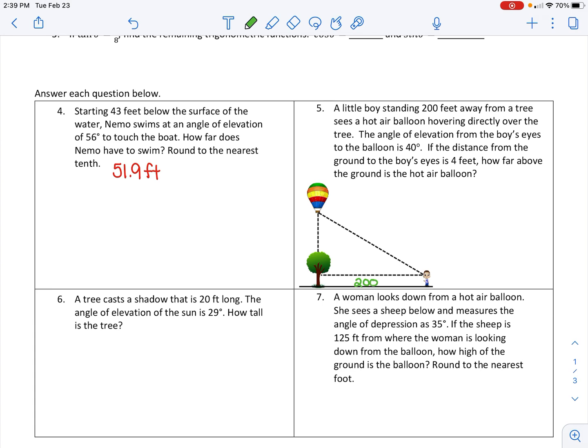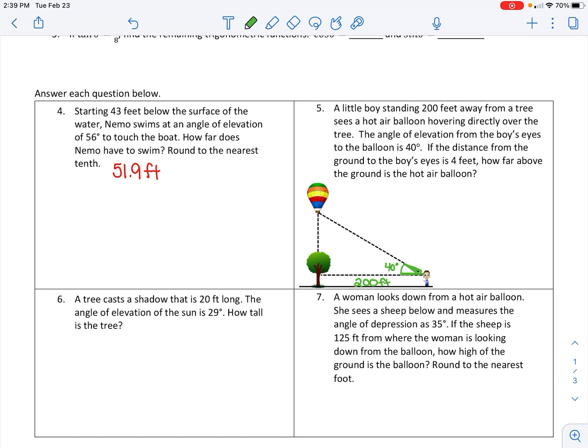He's 200 feet away from that tree. Sees a hot air balloon hovering directly over that tree. The angle of elevation from the boy's eyes, so his line of sight here, up to the balloon, so that angle there is going to be 40 degrees.